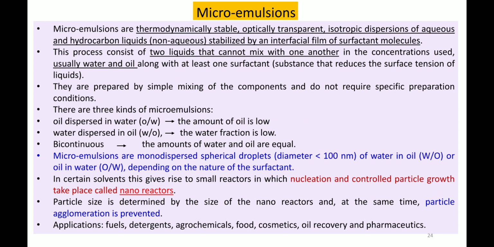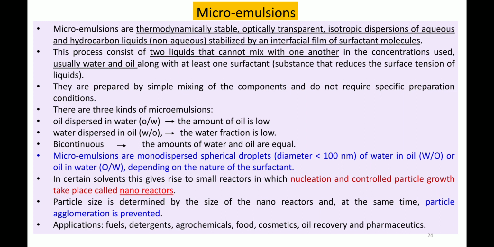So obviously when you are planning to make O oblique W microemulsion, then the amount of oil is very low, so you have to add a specific kind of surfactant which will produce these micelles.